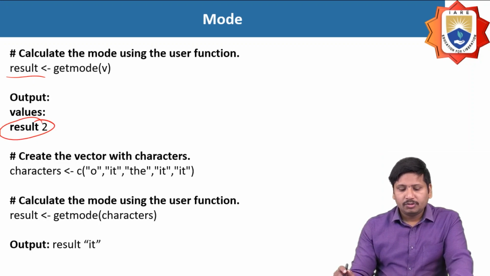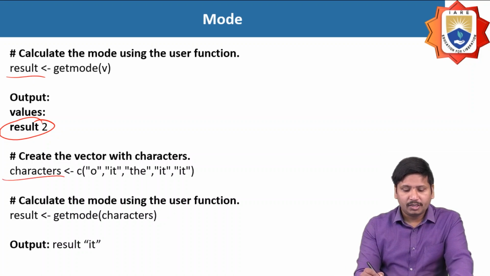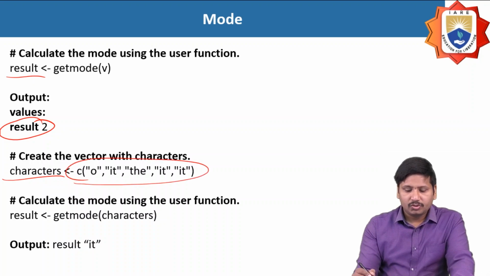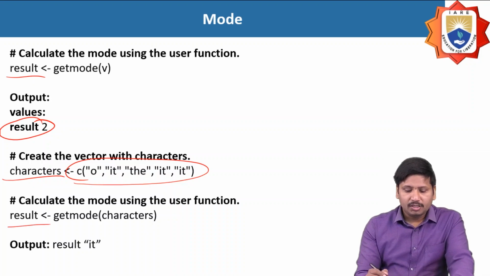Similarly, if I create a vector of characters, how is the mode calculated? Here I'm going to take a variable with characters, and c of function creates the vector, which is going to be a vector of characters. Among these, I want to find the character that occurs the most number of times. In order to calculate the mode here, result equal to getmode of characters is the function.